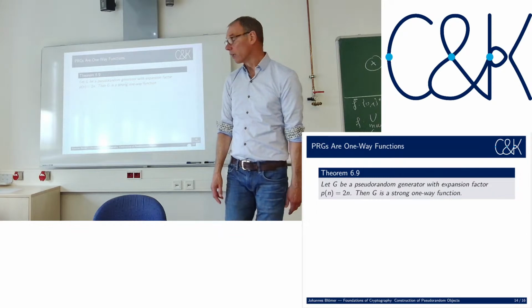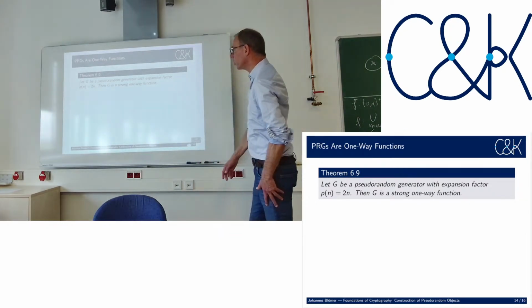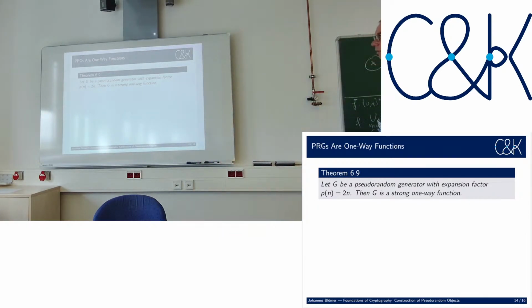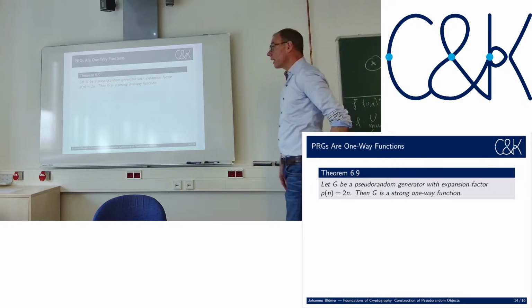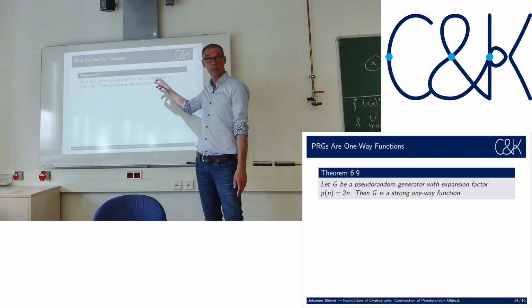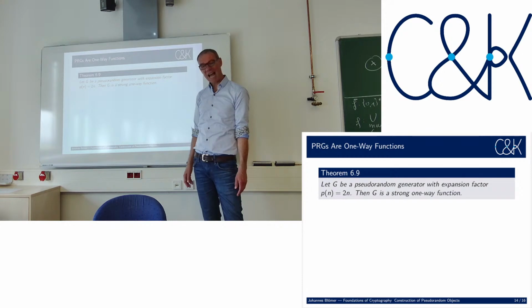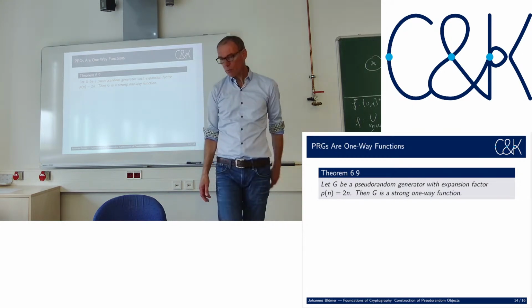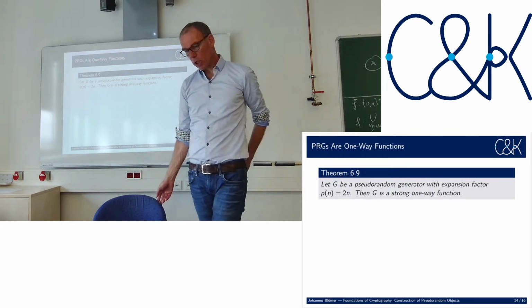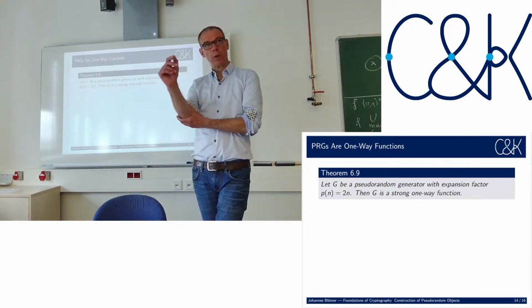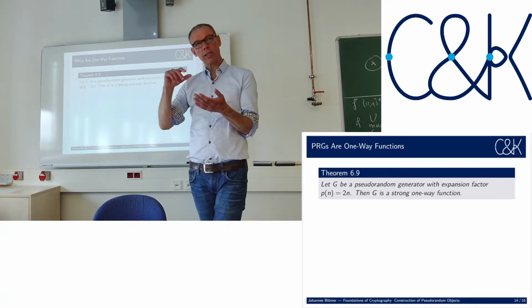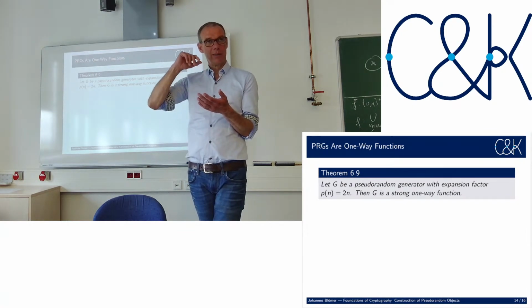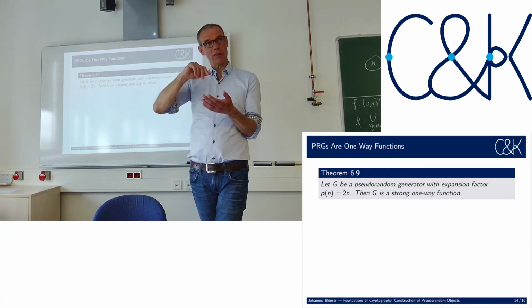And finally, the thing that I mentioned is that if G is a serial random generator with expansion factor 2n, then actually G is a strong one-way function. So serial random generators are strong one-way functions. This is actually not too difficult to prove. So we cannot get around these one-way functions.